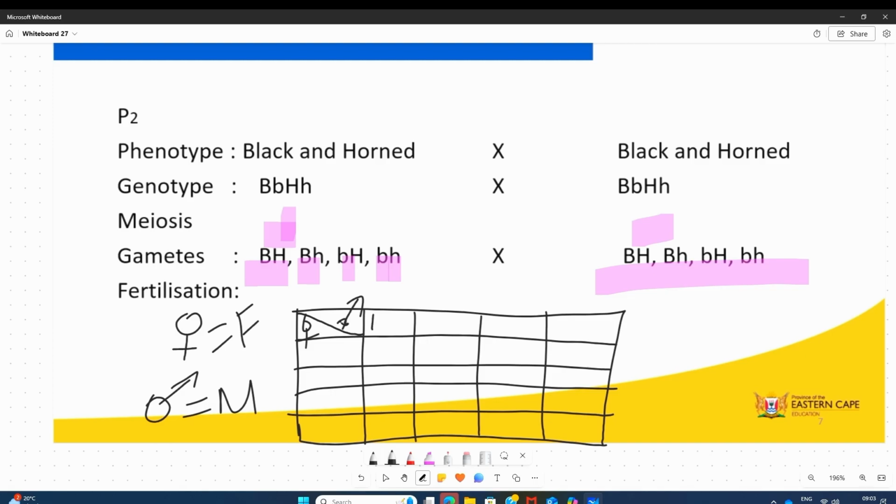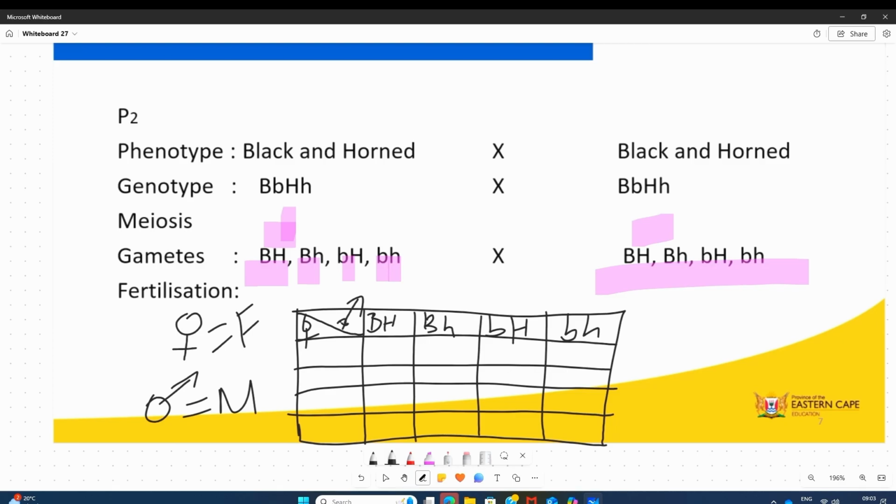So you write the gametes. These are the gametes for a male: capital letter B, and a dominant allele H; a dominant allele and a recessive allele; a recessive allele and a dominant allele. And lastly, they are both recessive. These ones are for the male.